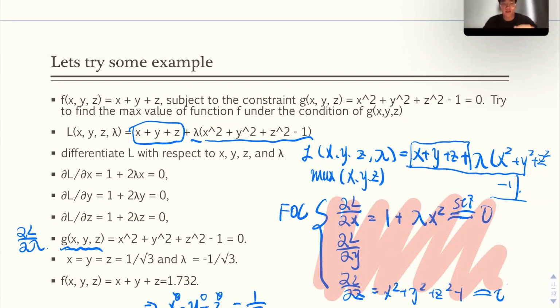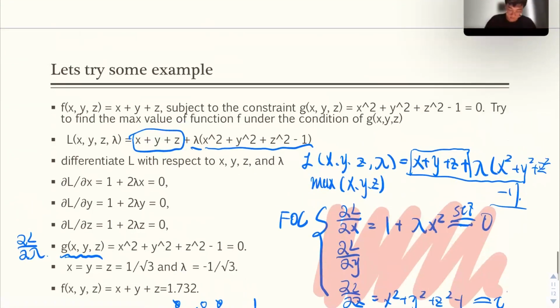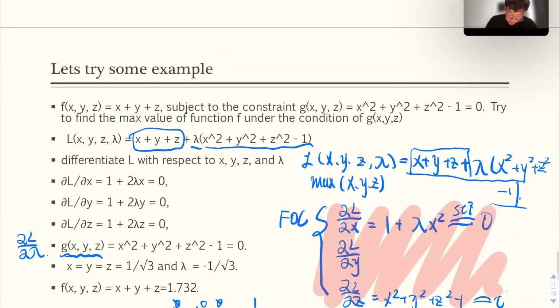Also, the first order condition doesn't necessarily give the maximum value. It could be a minimum value as well. In that case, we have to consider the second derivative conditions to determine whether it's a maximum or minimum. But if we stop here, this is going to be our optimized point.